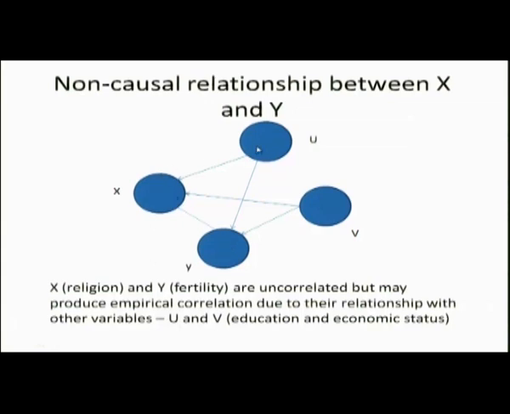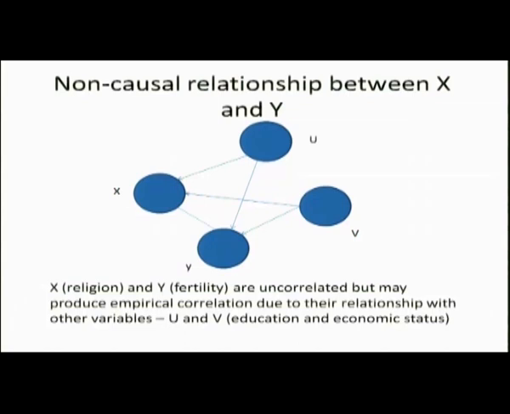Correlation comes because there are two other variables U and V, where U affects both X as well as Y, and V also affects both X and Y. If you remove the effect of U and V from their relationship, then there may be no correlation between them.